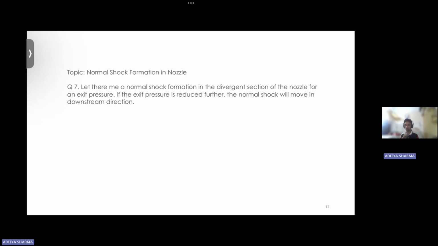I was telling you previously that there is normal shock formation in the divergent section of a nozzle. How that happens, that we shall see.